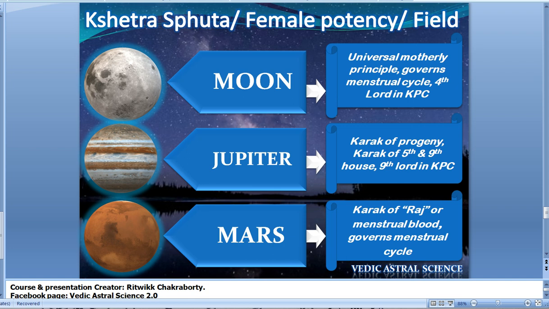So in order to find out the Kshetra Sphuta, we need to add up the planetary longitudes of Moon, Jupiter and Mars, or you can say Chandra Sphuta, Guru Sphuta and Mangal Sphuta respectively. Let us move to the next slide to understand the Kshetra Sphuta in detail.